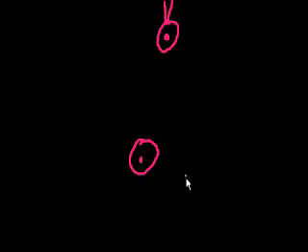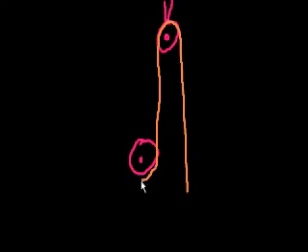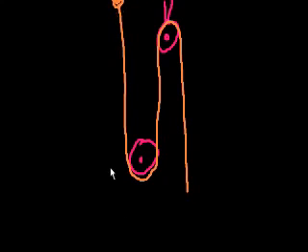So my rope starts up, going up like that, then it comes back down, comes around the second pulley, and now this is attached to the ceiling up here. And the second pulley is where the weight is attached. Let's just call it a 10 Newton weight again, although it doesn't really matter what its weight is. Let's figure out what the mechanical advantage is.